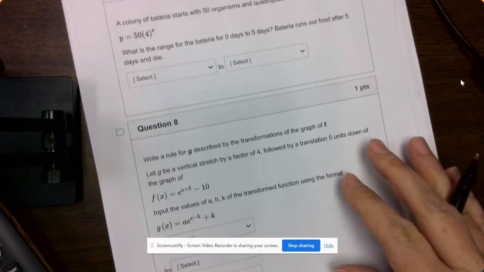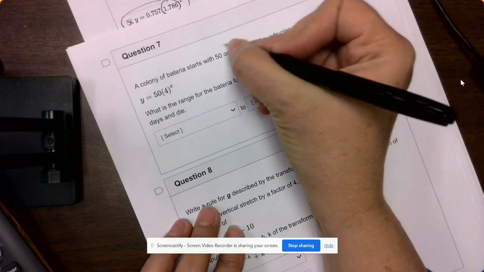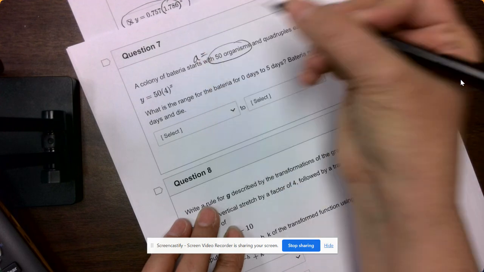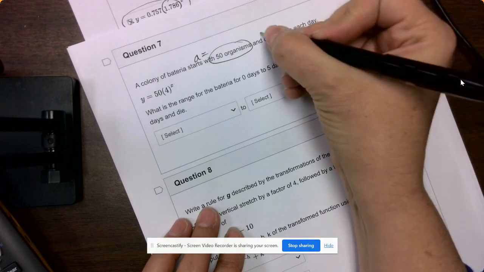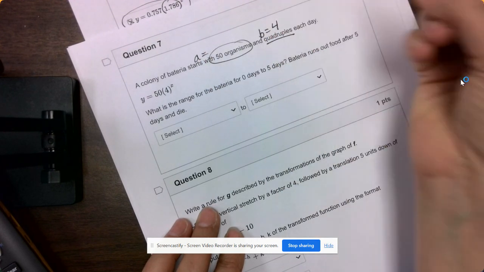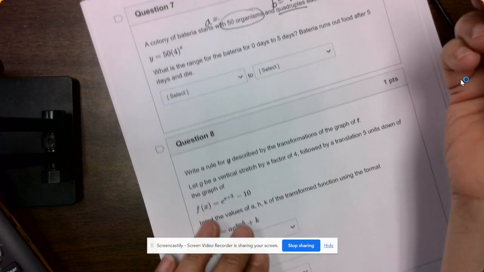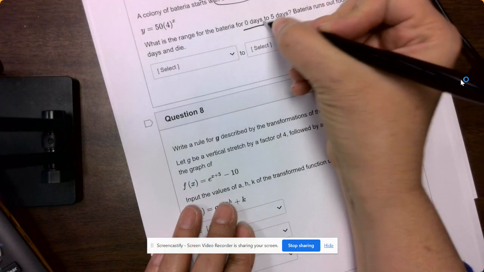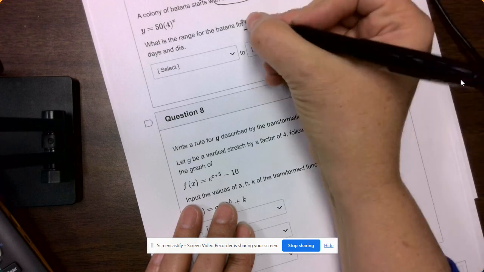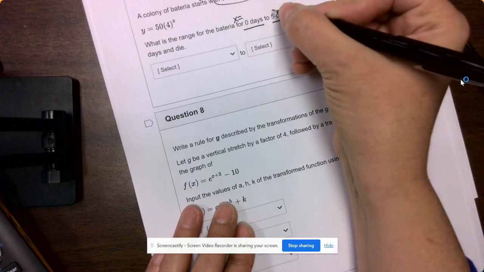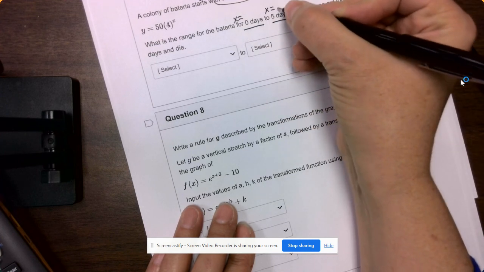Okay, so this one: a colony of bacteria started with 50 organisms. Everybody, so that's going to be our A value, and it quadruples each day, so B is going to be 4. What's the range for the bacteria for 0 to 10 days? So 0 is going to be 10, 0, and then we put in 5.